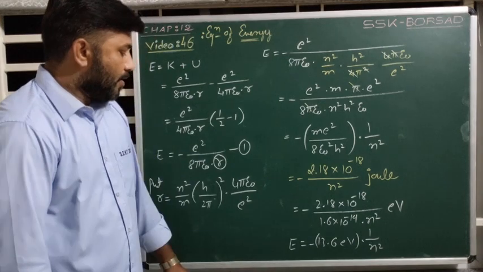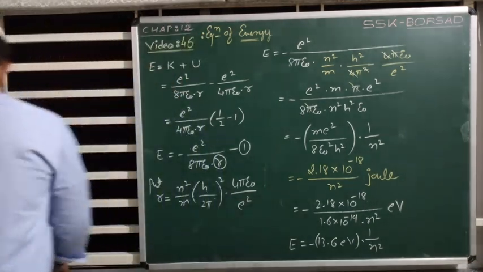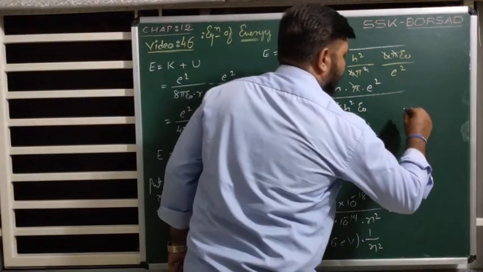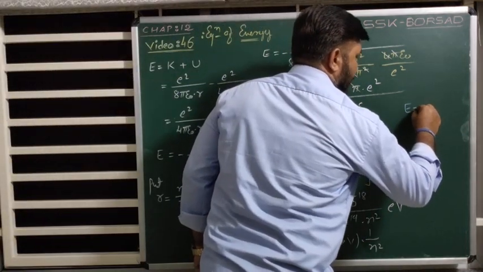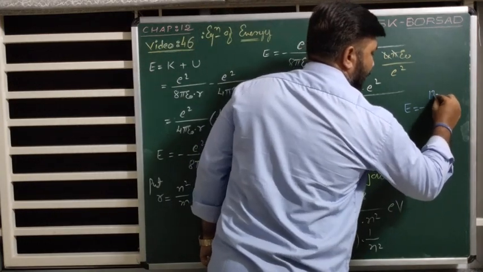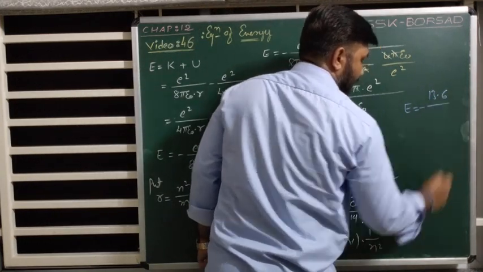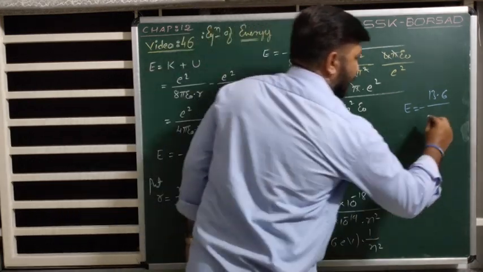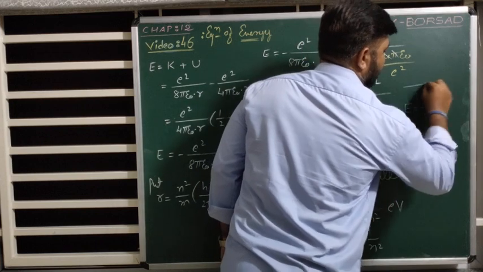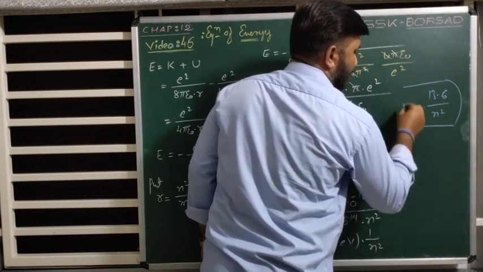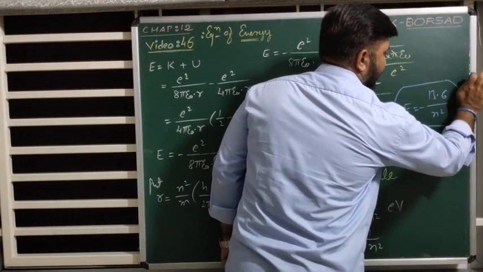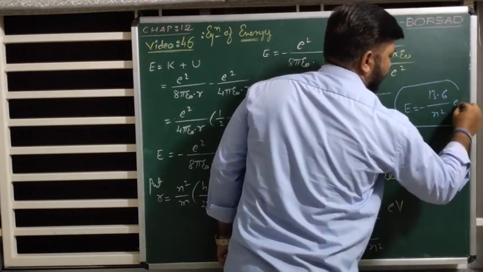Then you will get the final equation, E is equal to minus 13.6 divided by n square. This is the standard equation, and this energy is in electron volt.